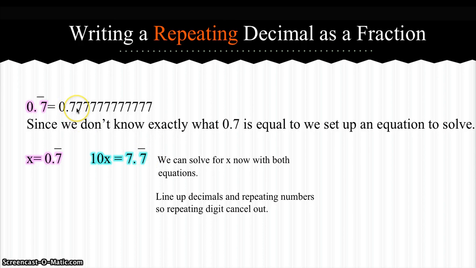Moving it over to the next spot is basically multiplying by 10. So whatever I do to one side of my equation, I have to do to the other. So since I multiplied, or really just moved my decimal over one spot, by 10 to get 7.7, what I'm going to do here is I'm going to change this as well.